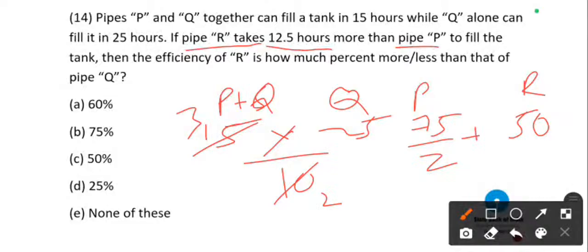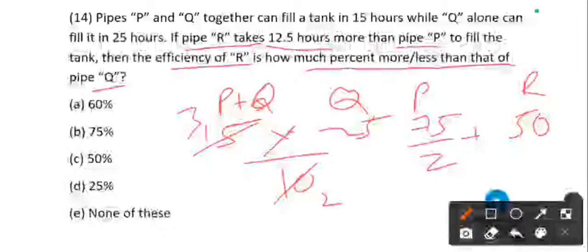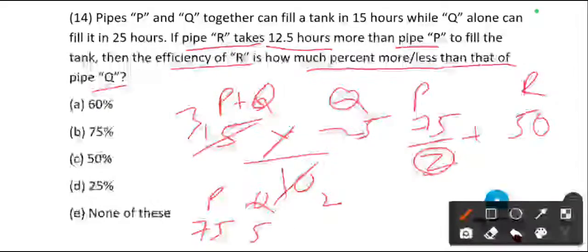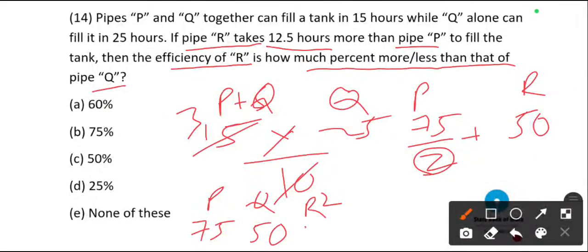R takes 50. So the question asked is: the efficiency of R is how much percentage more or less than that of Q. So we got the efficiencies of P, Q, R. Let's make P 75, Q 2 into 25, which will be 50, and R will be 100.